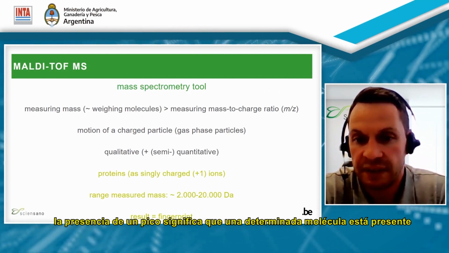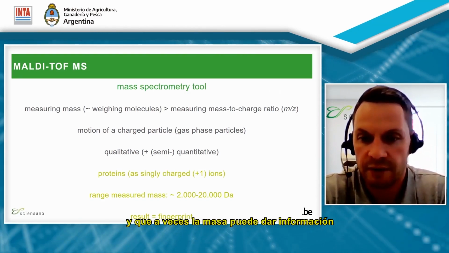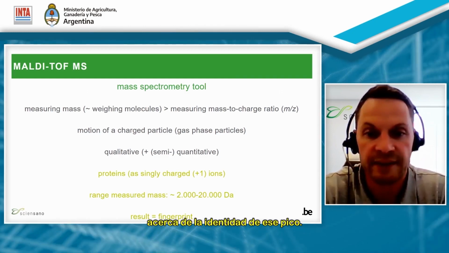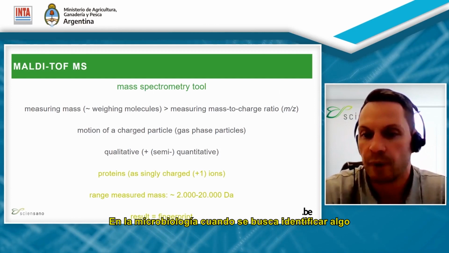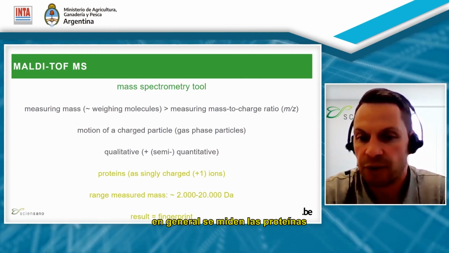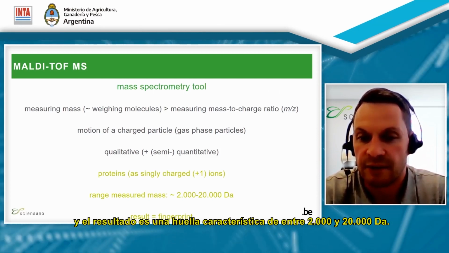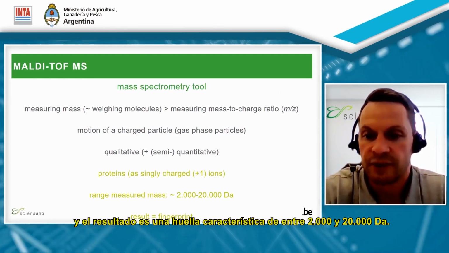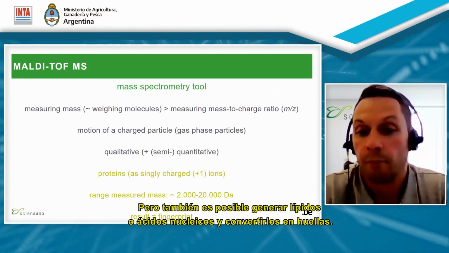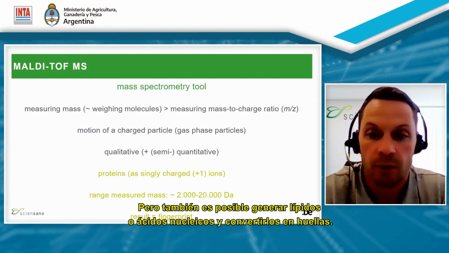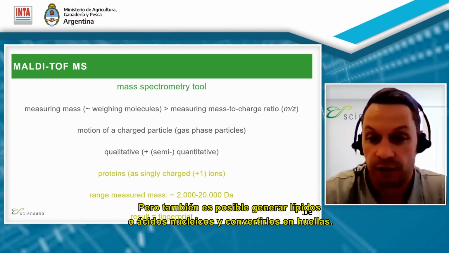The presence of a peak means that a certain molecule is present, and sometimes the mass can provide info on the identity of the peak. In microbiology, for identification purposes in general, we will be measuring proteins, and we will be measuring between 2000 and 20,000 Dalton. The result is a characteristic fingerprint, but it is also possible to generate lipids or nucleic acids and turn these into fingerprints.